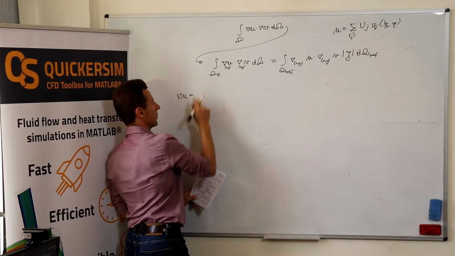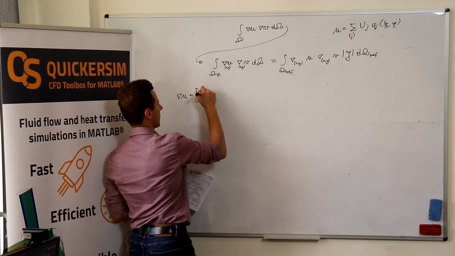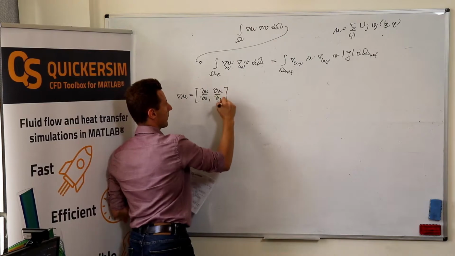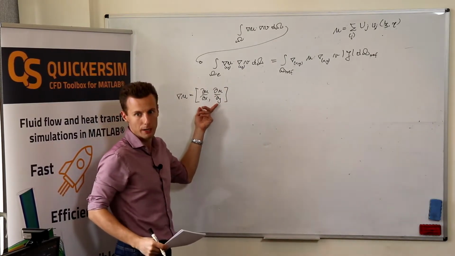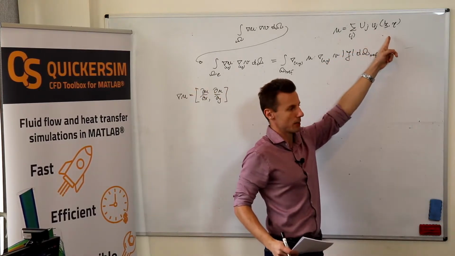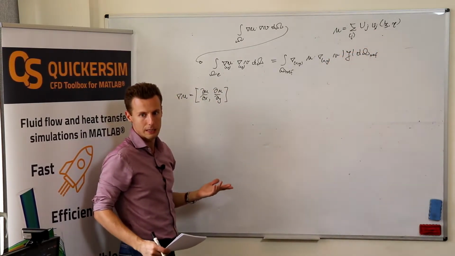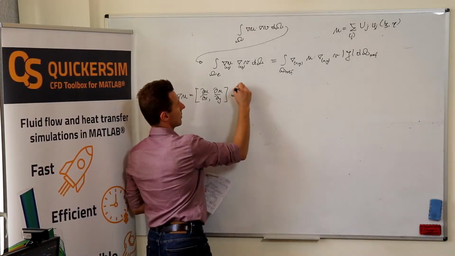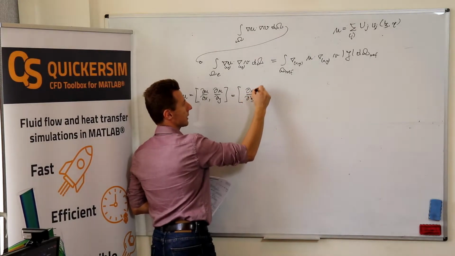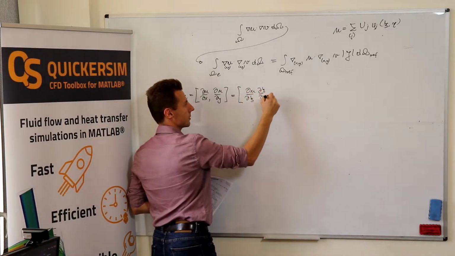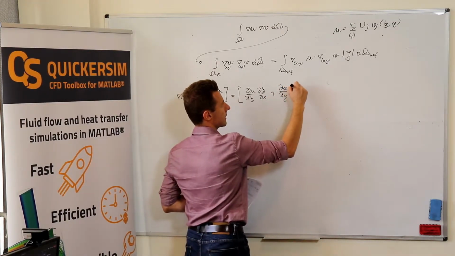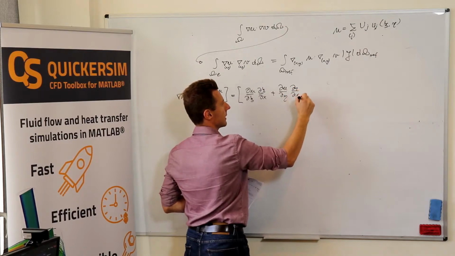What's the gradient of u? The gradient of u is nothing else than du/dx, du/dy. That's what we want to calculate, but all our discretization is expressed by functions depending on psi and eta. So we need to use the chain rule: du/dx is du with respect to d psi, d psi with respect to dx, plus du with respect to d eta, d eta with respect to dx.